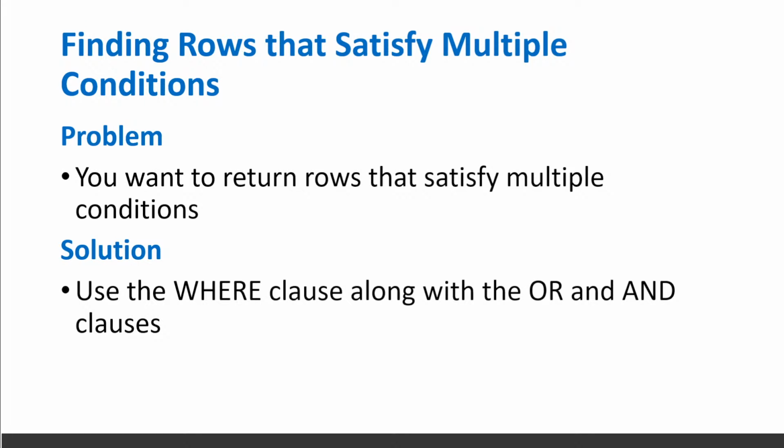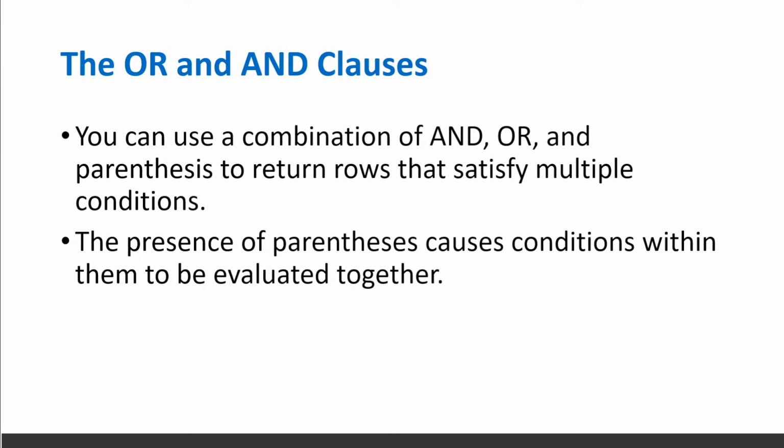If I use an and clause, both parts have to be true. And actually, I have this on a slide, right? In this instance, we can use a combination of and, or, and parentheses to return rows that satisfy multiple conditions. I need to take these multiple conditions and wrap them in parentheses. The presence of the parentheses causes conditions within them to be evaluated together.